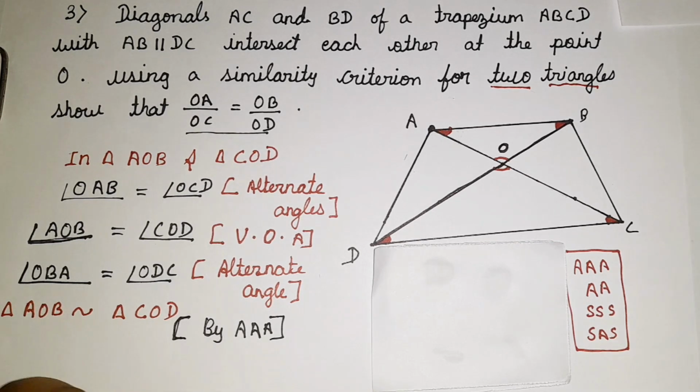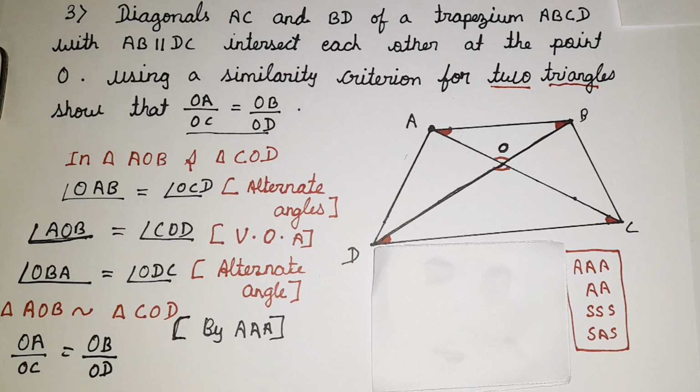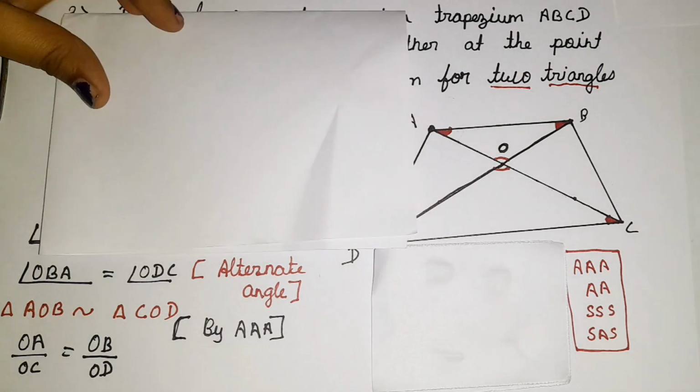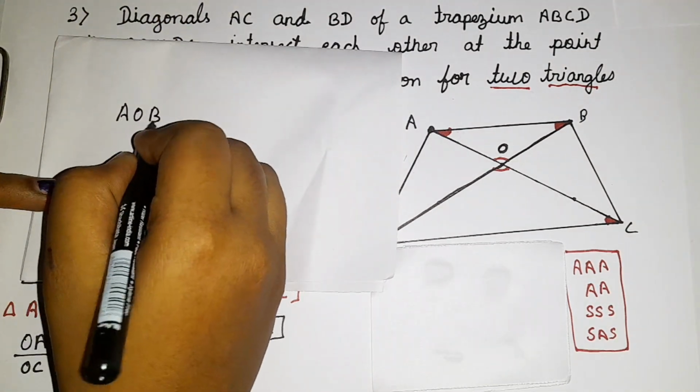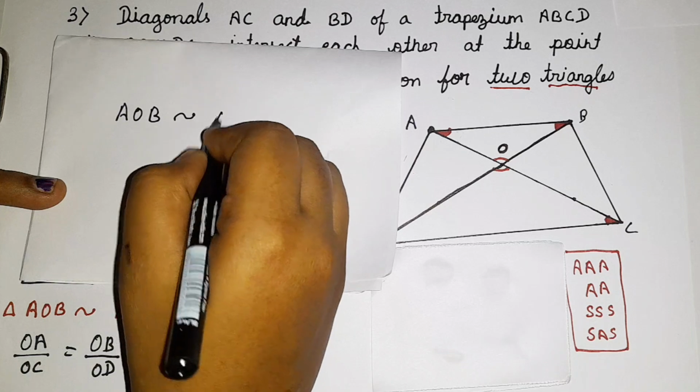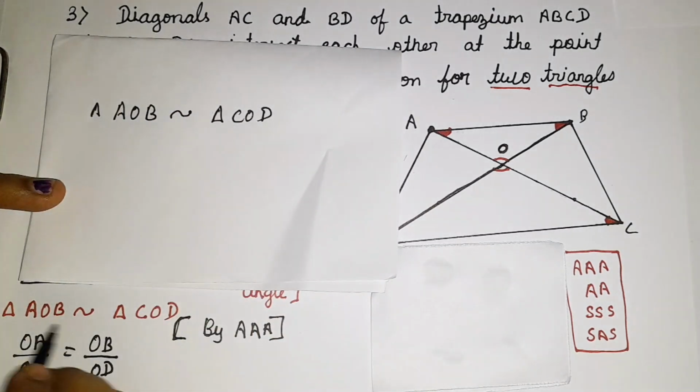Just because I proved it is similar, I can write OA by OC is equal to OB by OD. How? Let me explain. Here I have AOB, so AOB is similar to triangle COD. I just wrote this one as it is.